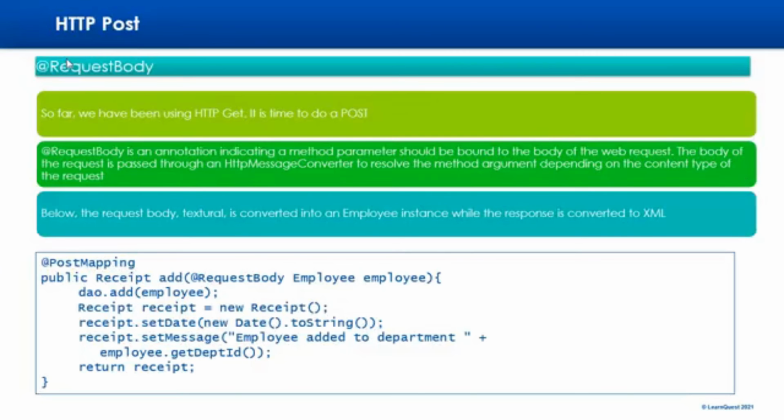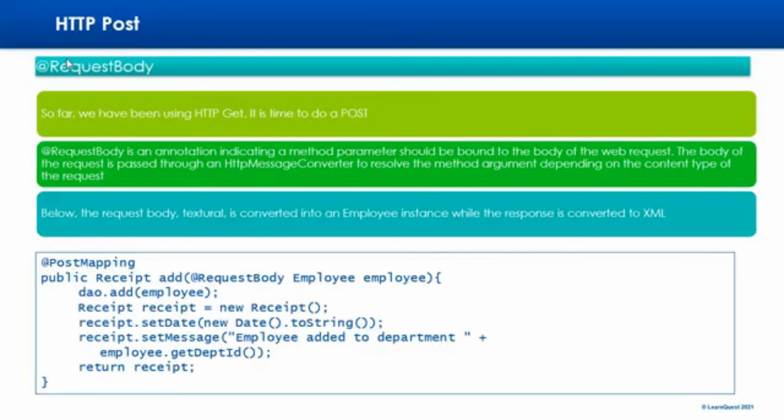So far we have been using gets. It's time to do a post. If you look at the code snippet here, I have a post mapping saying that the method is tied to an HTTP post, and you'll see that I have a request body annotation for the argument. What's going to happen here, the textual payload of a request is going to be marshaled into an employee object, and that employee object will be injected into this method.